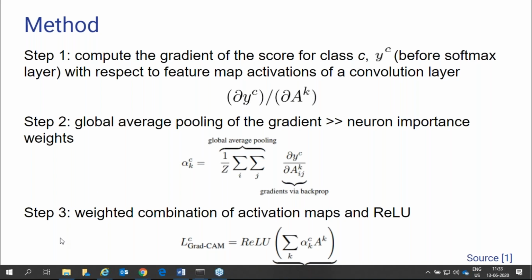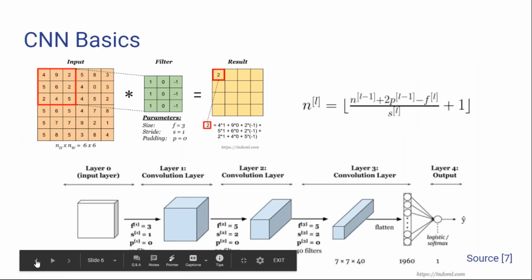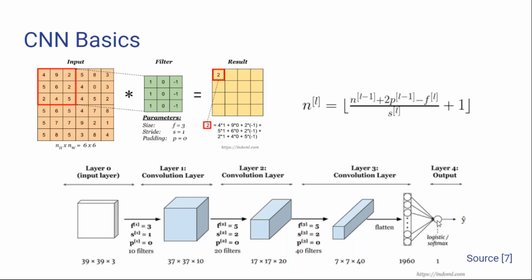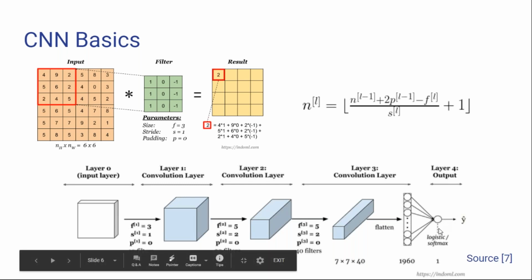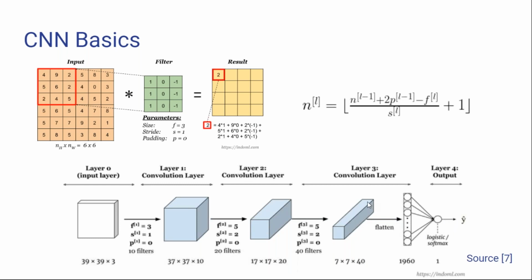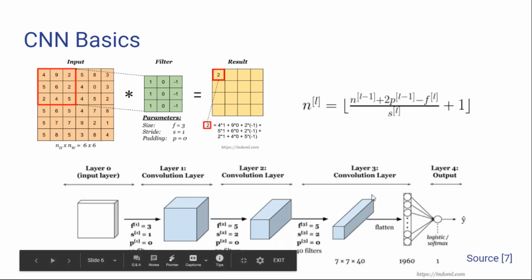If you do a backward propagation in your CNN, you will get y^c. In PyTorch, if you do a backward operation, you will find the gradients with respect to these feature maps.